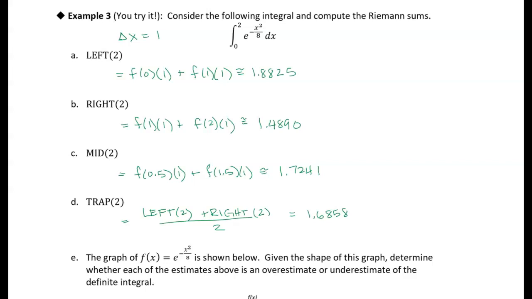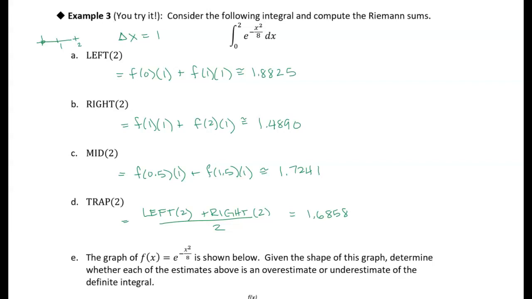All right, so I've gone through the calculations, right? So we basically are breaking this interval from 0 to 2 into two subintervals. So for the left sum, we're just going to take the two left-hand data points times the width and add them together, right? For the right, we take the right-hand data points times the width, which is 1, add them together, and so on.